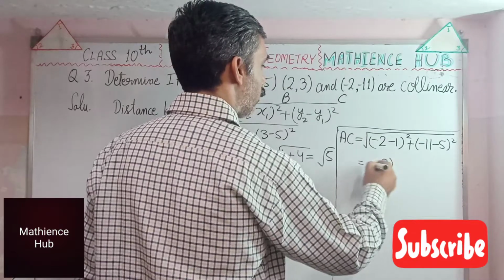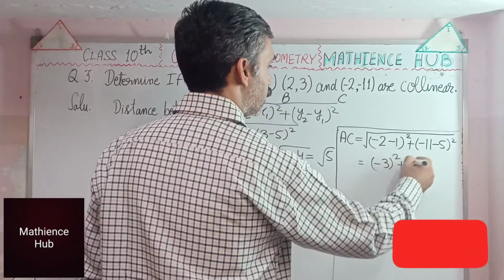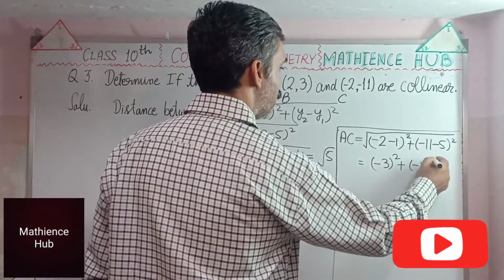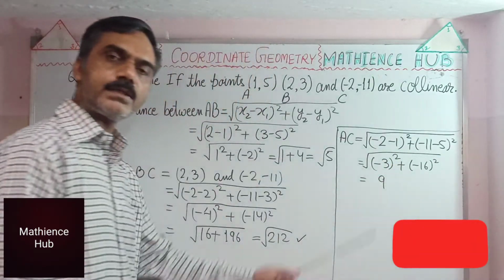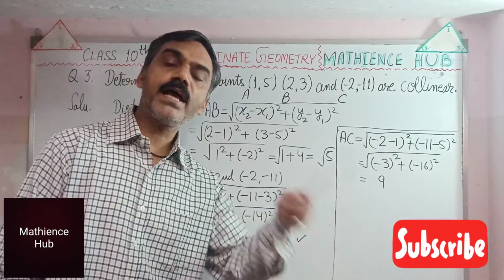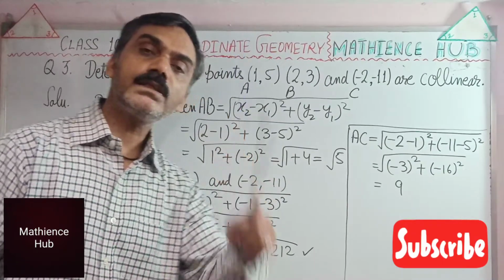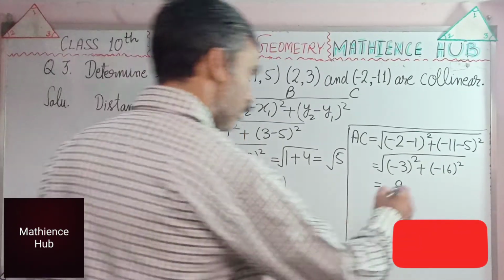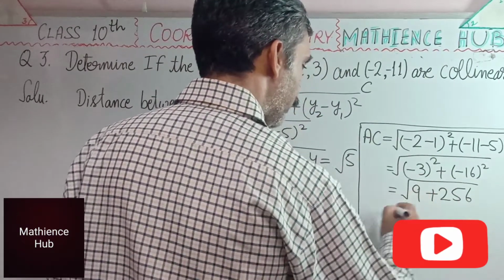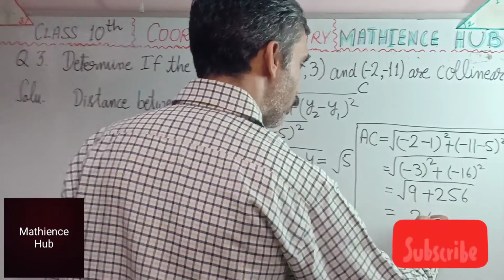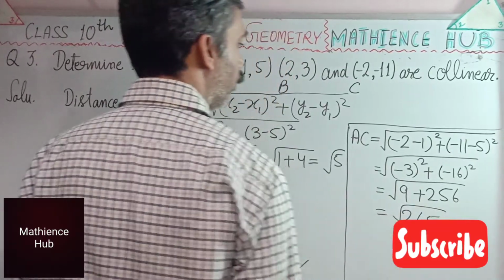Minus 3 square plus minus 16 square. Minus 3 square is 9 and 16 square is, you know what is the square of 16? 256. So we get root 265.